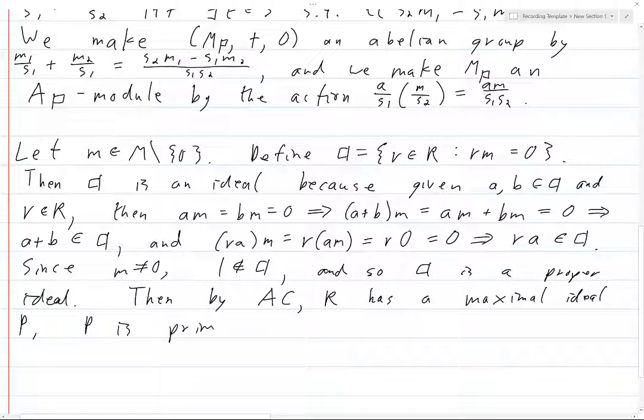That's another fact, that in any ring, maximal ideals are prime. Do you need commutativity? I forget, but we're in a commutative ring here, so I really don't care that much right now, even though I should know it. But yeah, so we have a maximal ideal, and P is prime because maximal ideals are prime. And okay, so A is a proper ideal of R, and so it must be contained in the maximal ideal P of R.